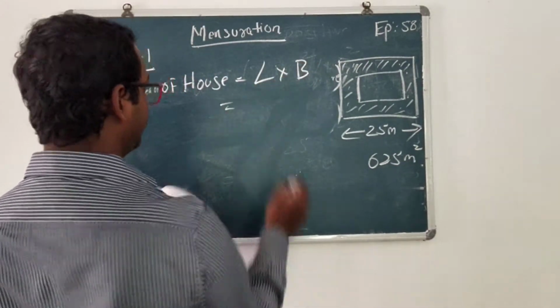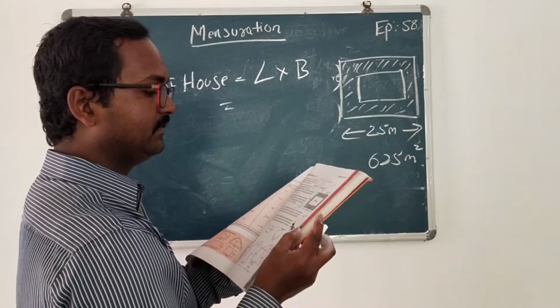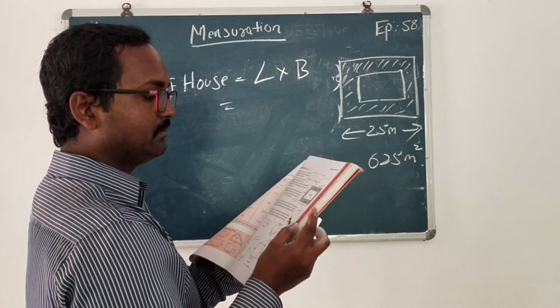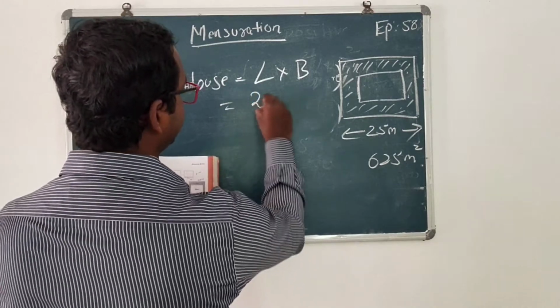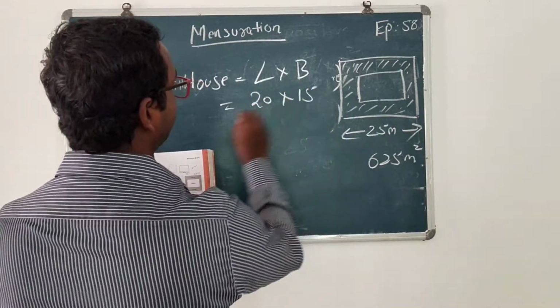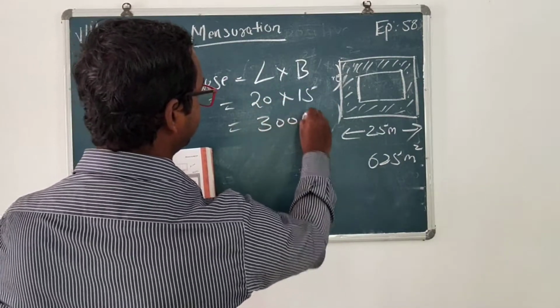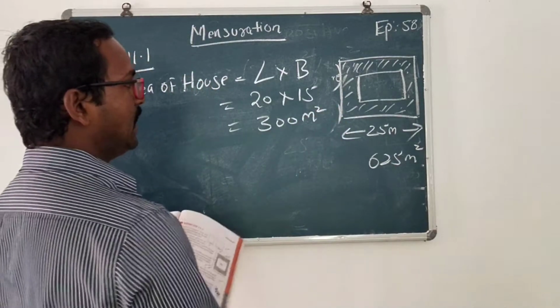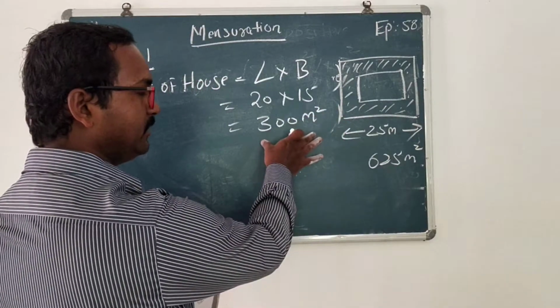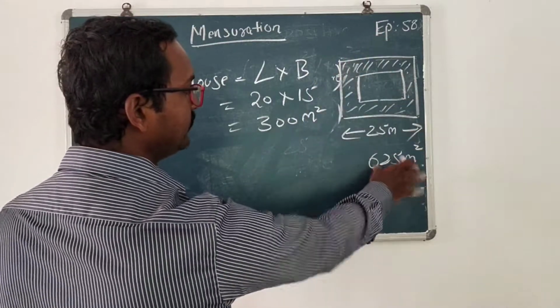So length is how much? From the figure it is clearly given, length is 20 meter and the breadth is 15 meter. So length is 20, the breadth is 15, 15 into 20, 300 meters square. So the house is 300 meters square and the entire plot is 625 meters square.